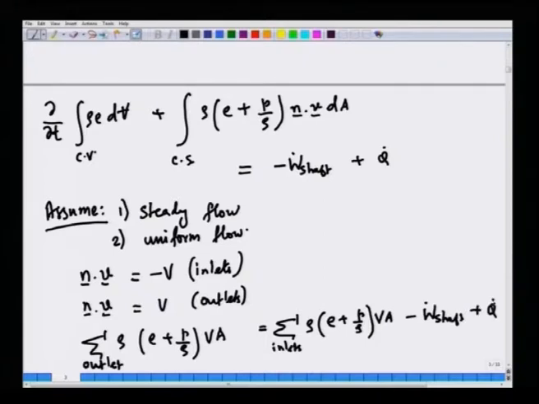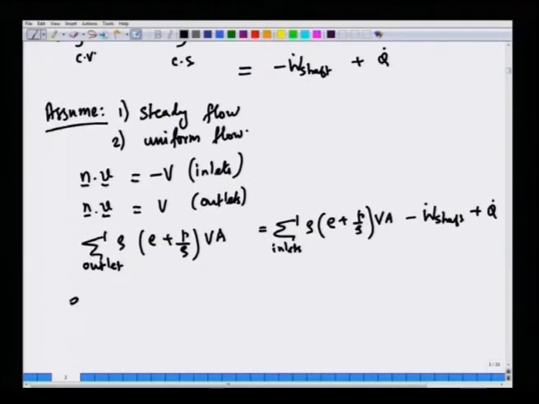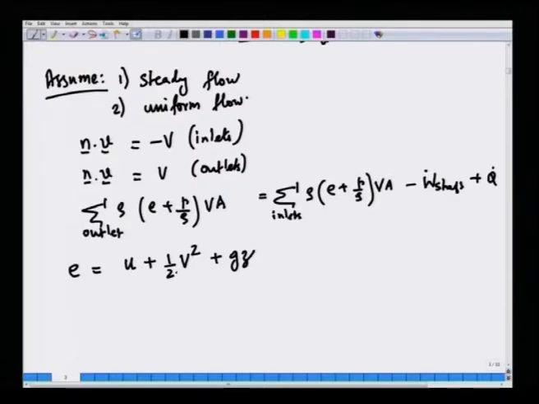plus Q dot. Okay. So, you remember that the specific total energy per unit mass is the internal energy per unit mass plus the kinetic energy per unit mass plus the potential energy per unit mass. So, E is U plus half V squared plus gZ. That is something that we should keep at the back of our mind.